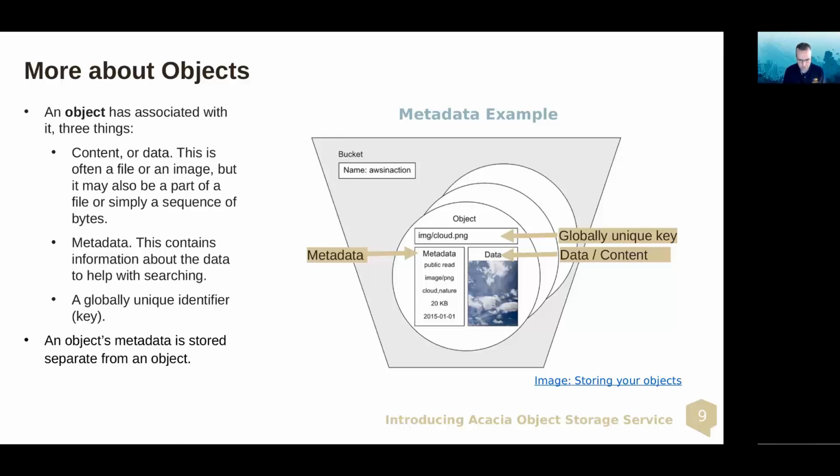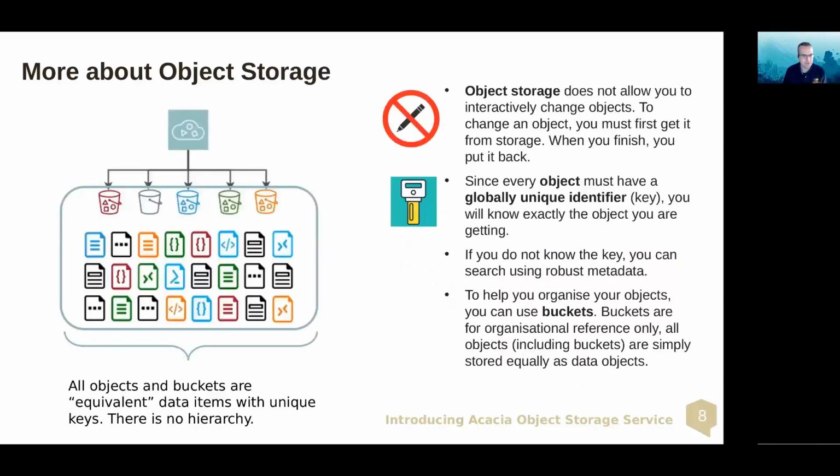So the third thing that you could say is that every object in your object storage has to have a unique name. And how we achieve that, just going back, is that every bucket name in the system has to be globally unique. So that means nobody else can create a bucket with the same name as a bucket that you have in your storage allocation.